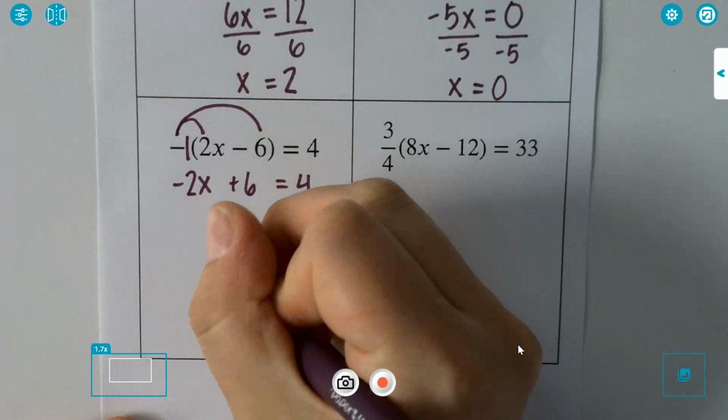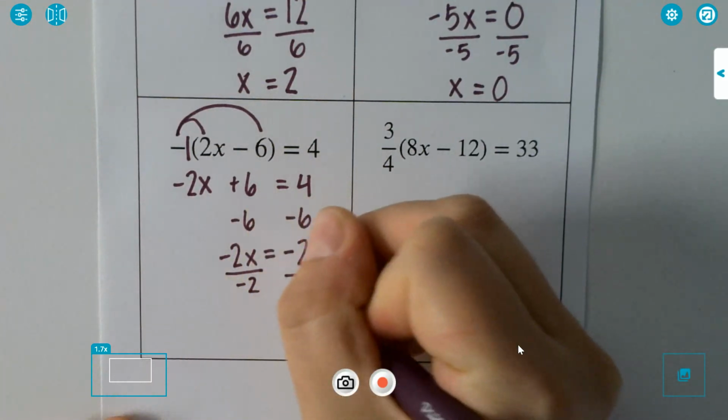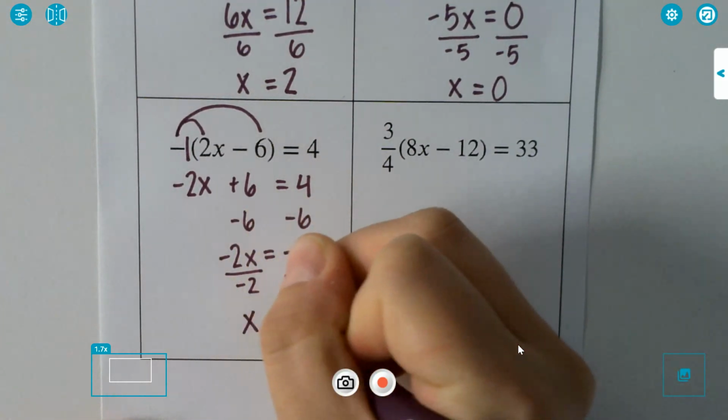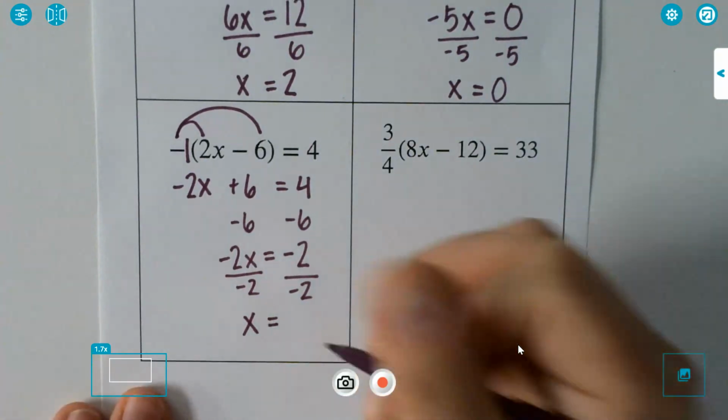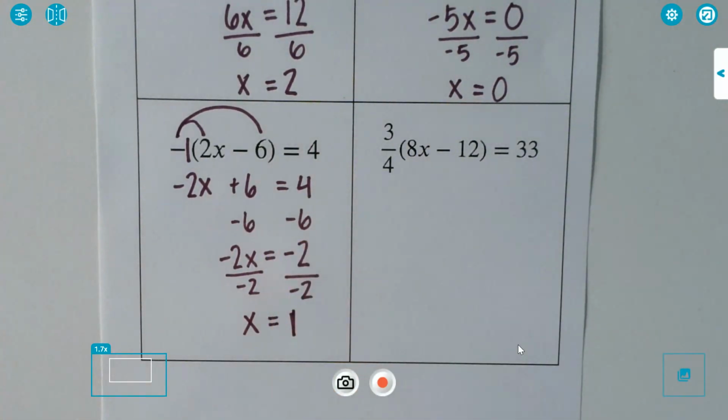And I divide both sides by negative 2. And x equals a negative divided by a negative is positive, and anything divided by itself is 1. So negative 2 divided by negative 2 is positive 1. We're getting all of our weird cases. We're getting our zeros. We're getting our dividing out to ones. All that jazz. Okay. Last one is the fraction.